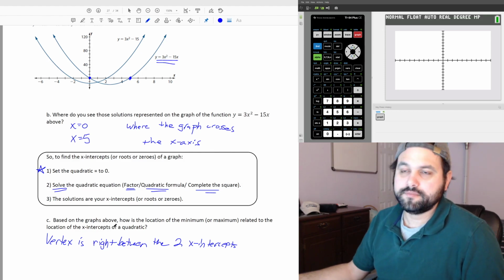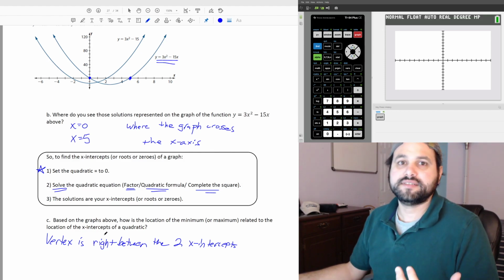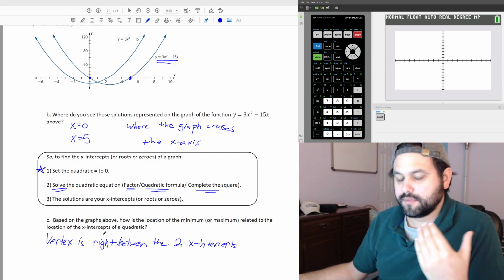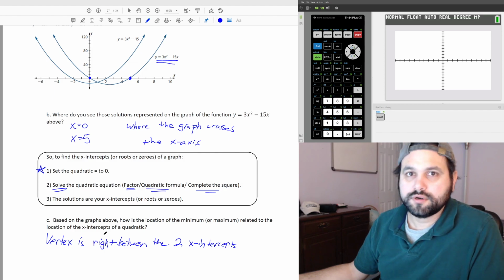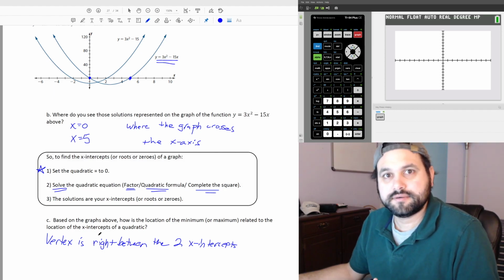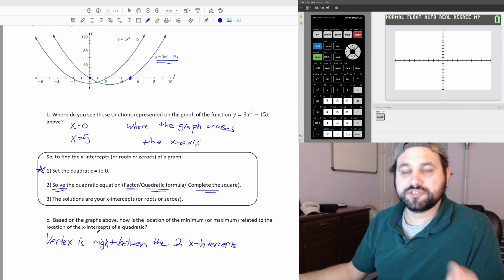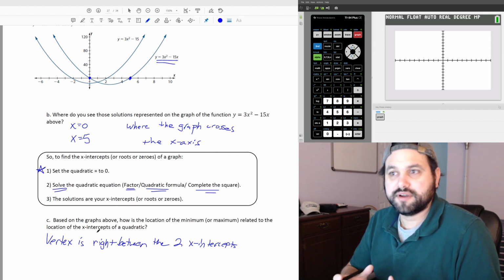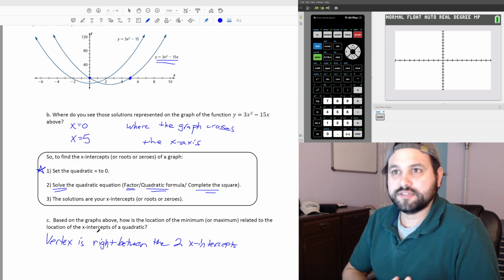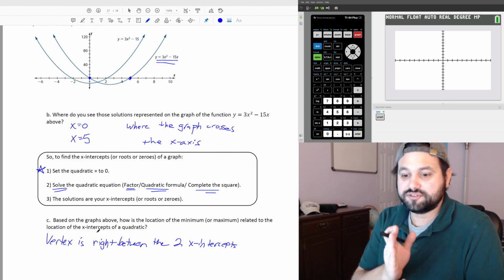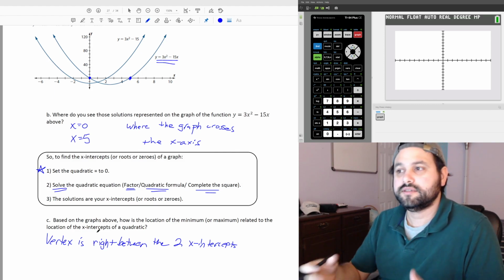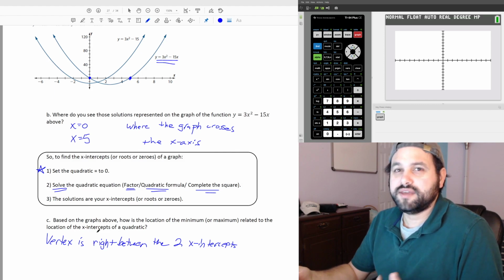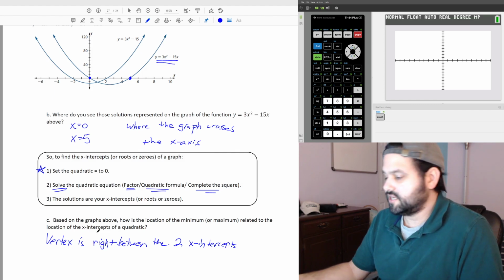So, for example, if my two x-intercepts were 2 and 8, well, then I would have to figure out what number is directly between 2 and 8 to figure out where the vertex would be. And so that number would be 5, because 5 is directly between 2 and 8. So that's where the vertex would be. It's not the coordinates of the vertex, it's only the x value of the vertex.